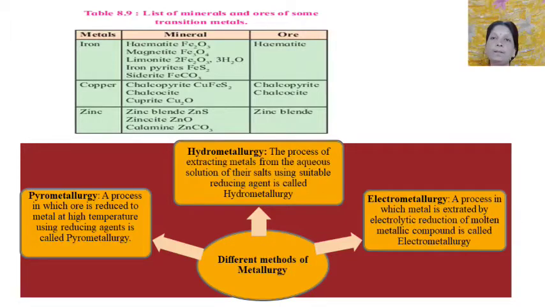Here we are describing the metals iron, copper and zinc in detail. Iron has the mineral hematite, having the formula Fe2O3. In board exams they ask for the formula of the mineral, so please keep these formulas in mind, along with the important minerals. Iron has the minerals hematite Fe2O3, magnetite Fe3O4, limonite 2Fe2O3·3H2O, iron pyrite FeS2, and siderite FeCO3.